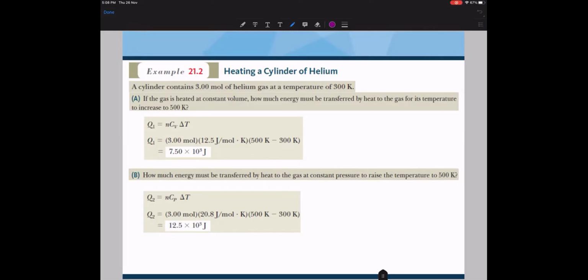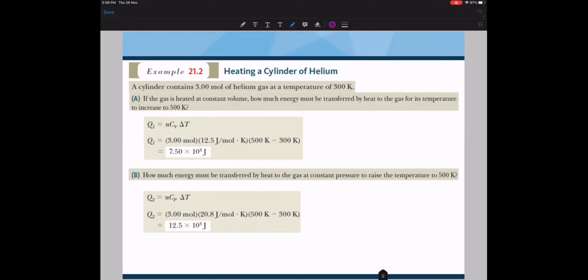Now right here, you have a gas cylinder containing 3 moles of helium gas, so a monoatomic ideal gas at 300 K. The gas in part A is heated at constant volume. So in order to heat it up, you need to transfer heat energy. How much energy must be transferred by heat to the gas in order to raise the temperature to 500 K?